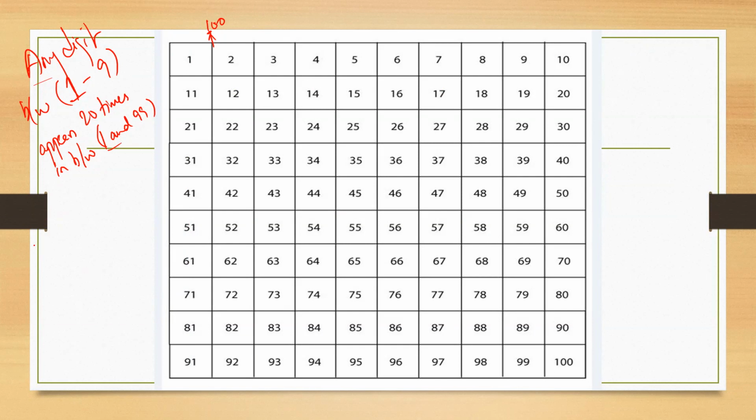That means if I talk about digit 5, it appears 20 times between 1 and 99: 10 times in the units place and 10 times in the tens place. The same with any other digit. Digit 7 again appears 20 times, 10 times in the units place, 10 times in the tens place.